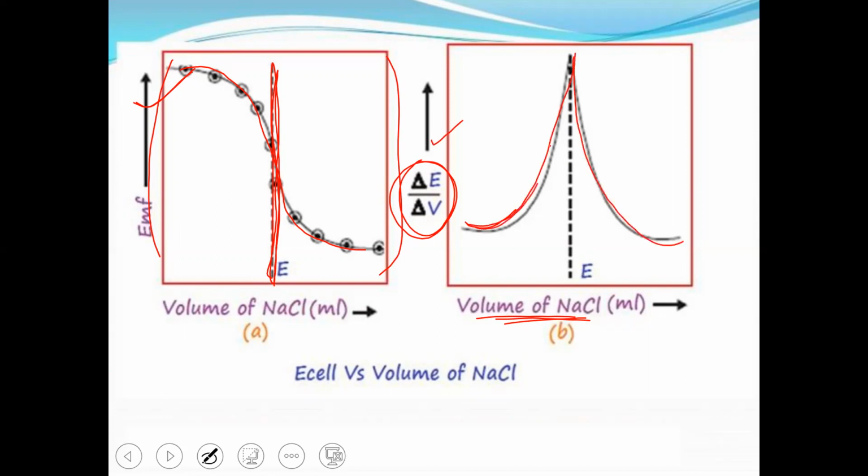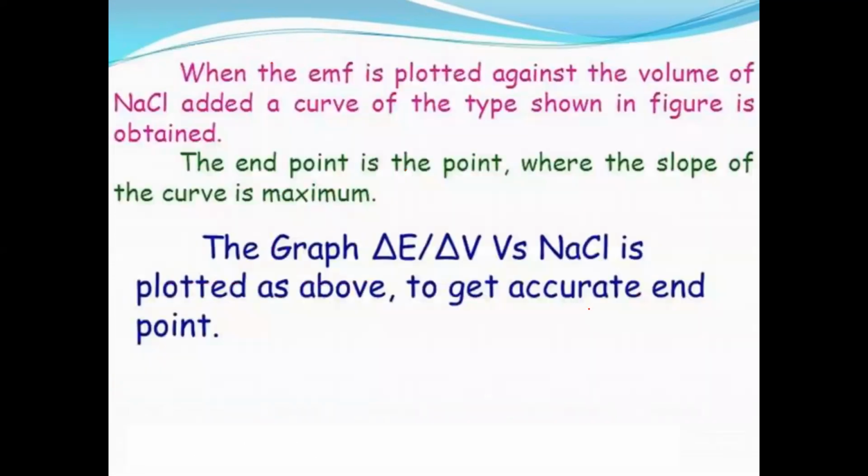So by using these two graphs, we can easily find out the end point. This is the graph for the precipitation titrations using potentiometric titrations.